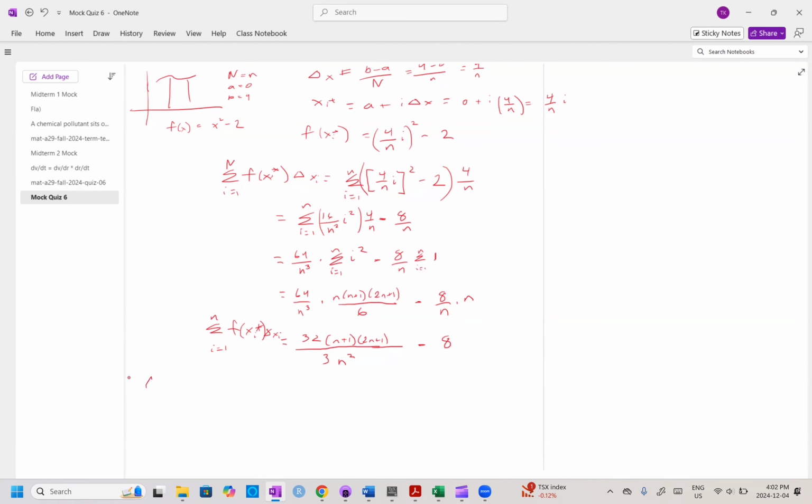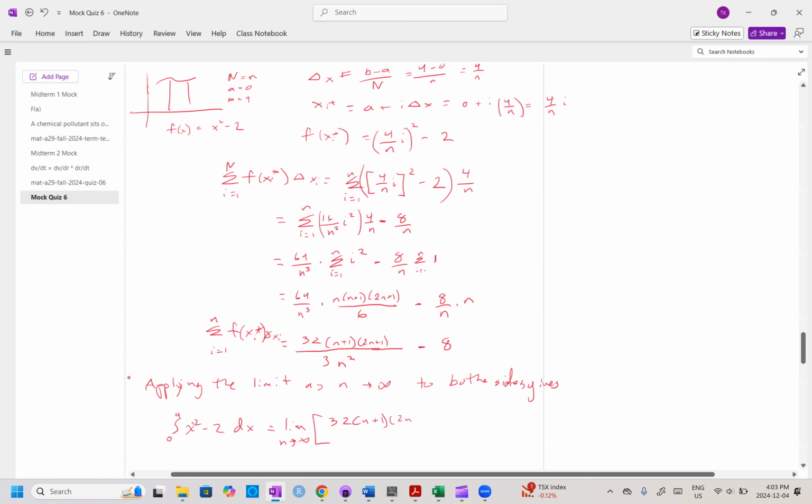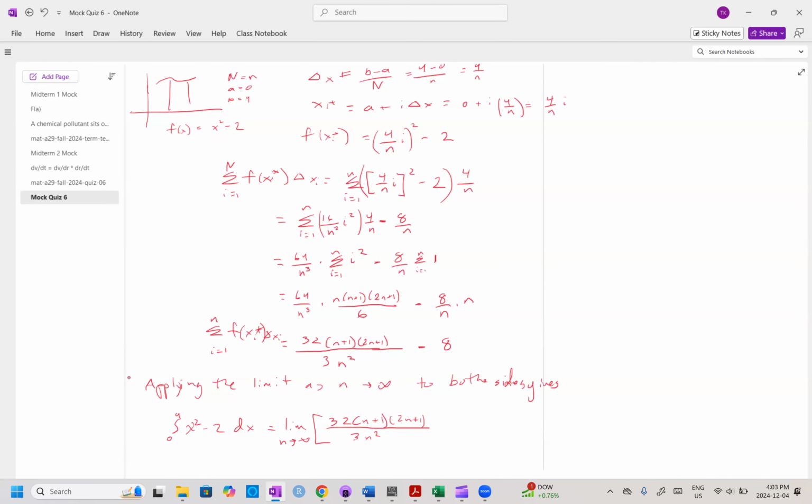So now, applying the limit as n approaches infinity to both sides gives the integral from 0 to 4 of x squared minus 2 dx equals the limit as n goes to infinity of 32 times n plus 1, 2n plus 1 over 3n squared, minus 8.